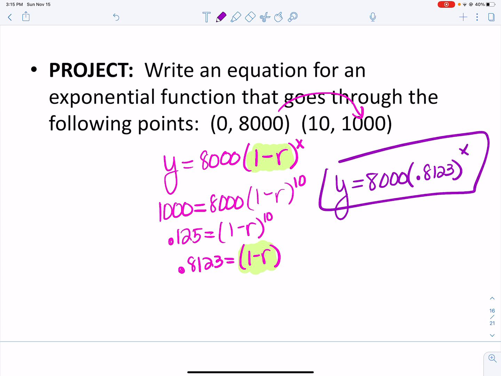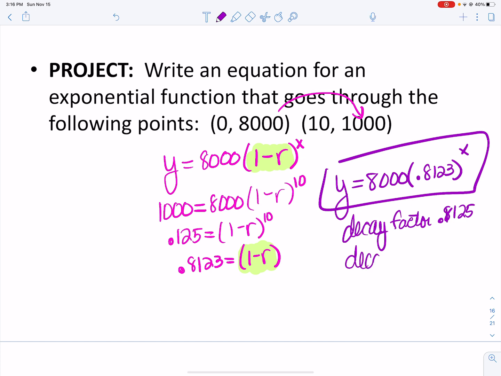So now if I wanted to find my growth rate, my growth factor is easy. It's definitely not growth. Decay, if I wanted to find my decay factor, it's just whatever is in those parentheses, 0.8123. But if I want to find my decay rate, I would have to subtract that from 1, which I'm doing right now, and I get 0.1877.